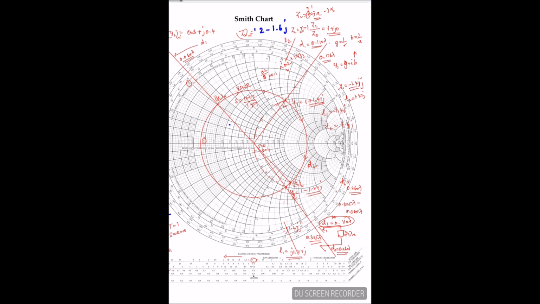So now the tricky part is this reactance in the Z chart. From the load I found the distance. Now I should add the length of the stub. When I add the length of the stub, I know the susceptance. But in the Z chart, this is positive and this is negative reactance, the imaginary part of the impedance. In the admittance chart, this is reversed, so it is a susceptance.